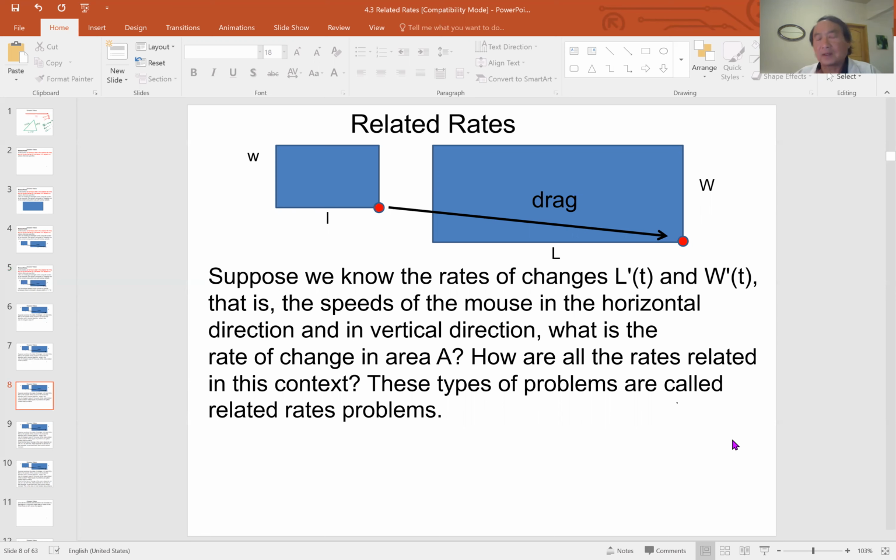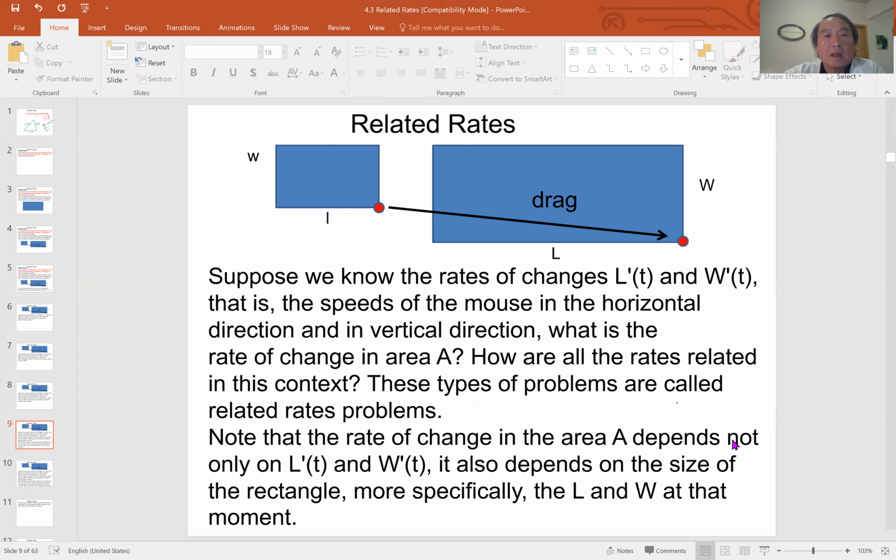Okay, if that makes sense. In other words, the area A depends on L and W, and the growth of the area depends on L and W and on the rates of change of the length and width.